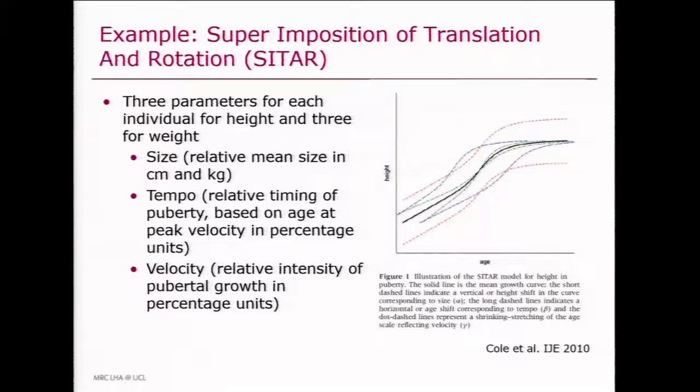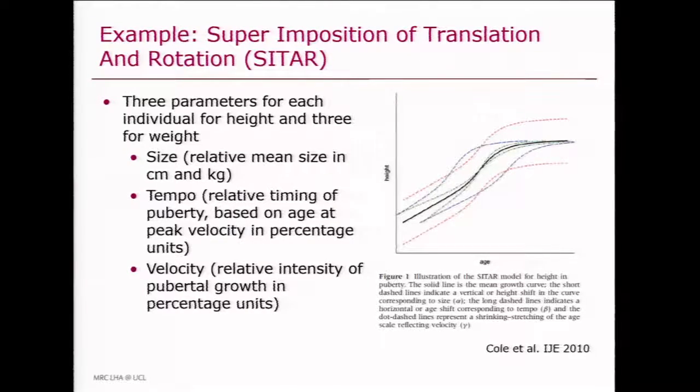So the first parameter is size. You can see the black line in the middle, that's the average. And then the size parameter shifts each individual's curve up and down. So they're the red curves. It just shifts up or down. And then we have the tempo, which is basically the relative timing of puberty, and it's based on age at peak velocity. And that's the blue curves. So you're shifting along, being a late developer or an early developer.